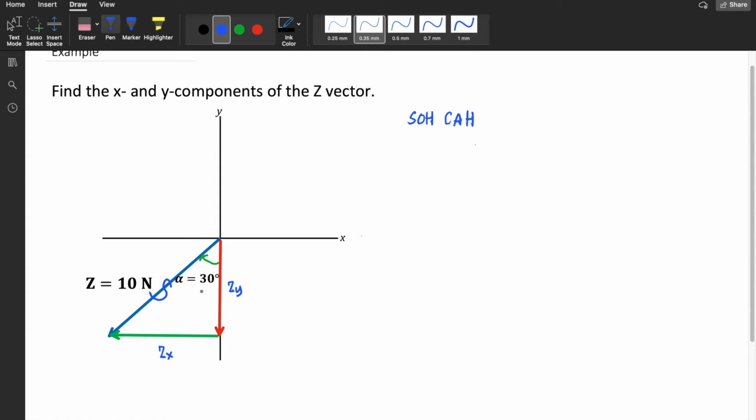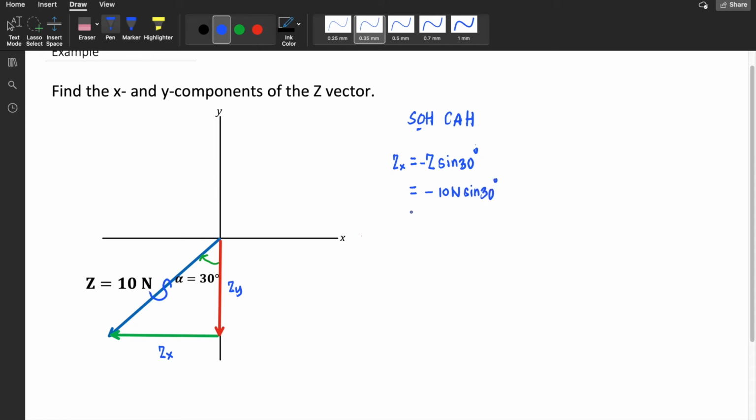If you'll notice, look at your ZX. It's on the opposite side of your angle alpha, so you're going to use sine. So ZX is equal to Z sine 30 degrees. Take note that I forgot, your ZX points towards the negative x direction, so you'll have negative 10 newtons sine 30 degrees.